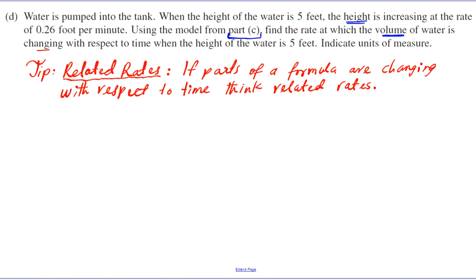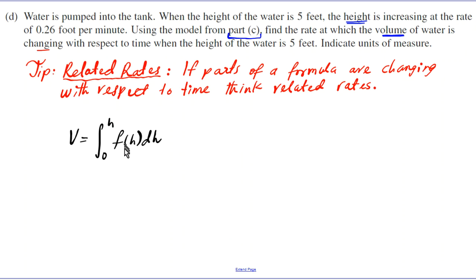Okay, so let's first of all write down the formula that relates the different components. So V is equal to the integral from 0 to h of f of h dh. So for related rates, you write down the formula first, and then you differentiate with respect to time.